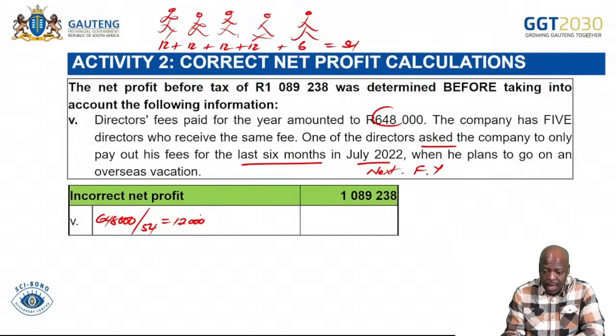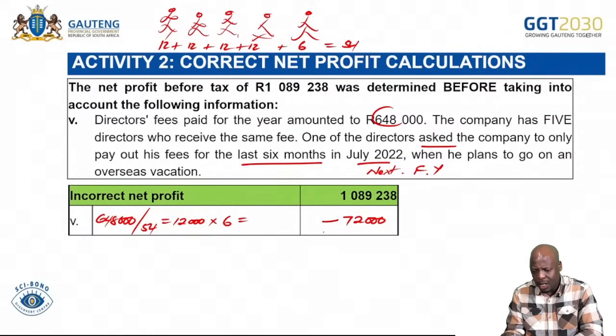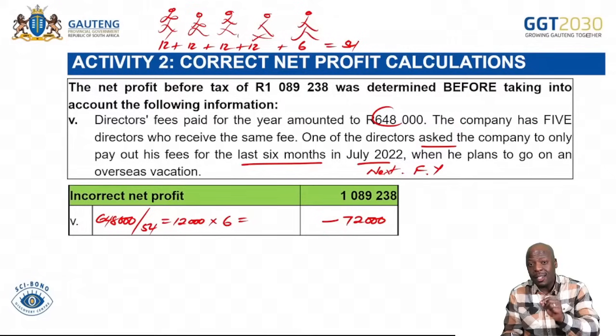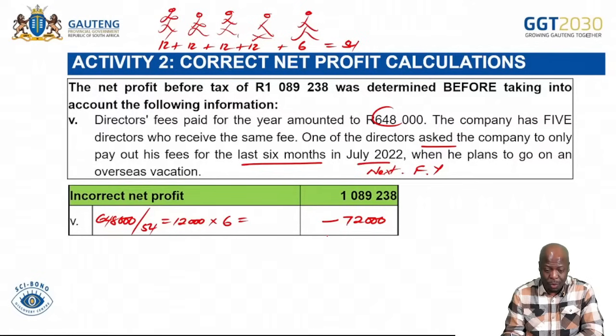So we pay them 12,000 per month per director, and we have one director who said, my fees for the 6 months, please pay me in the following year. That means it's going to be 72,000. So we have 72,000, which is an expense that has not yet been recorded. That means it must decrease my profit. So I'm coming here to say minus 72,000. That is director's fees that were not yet recorded.